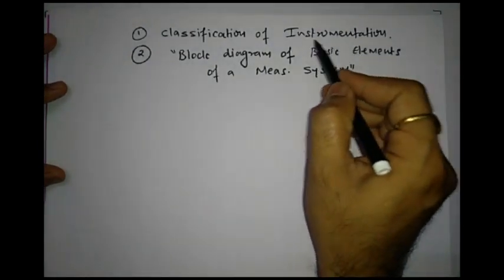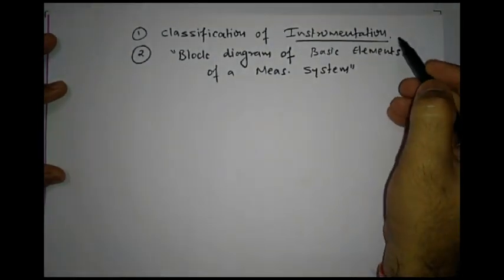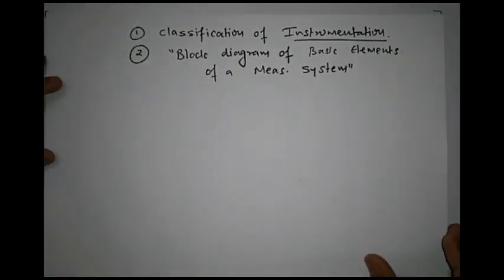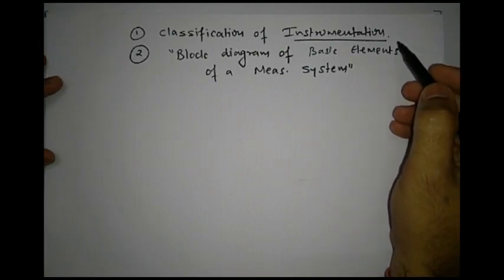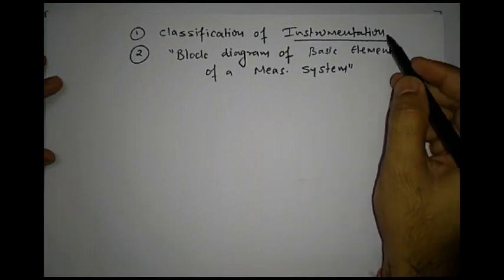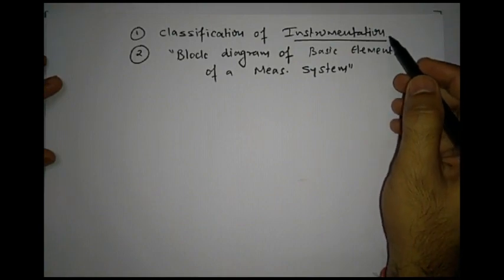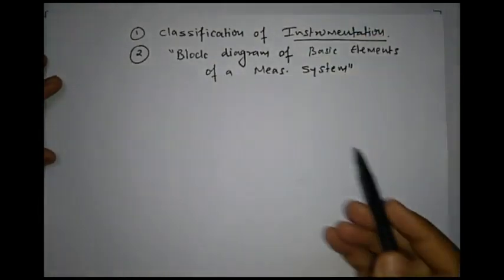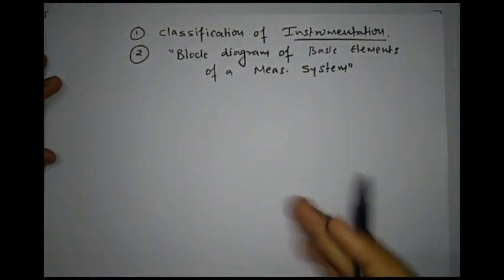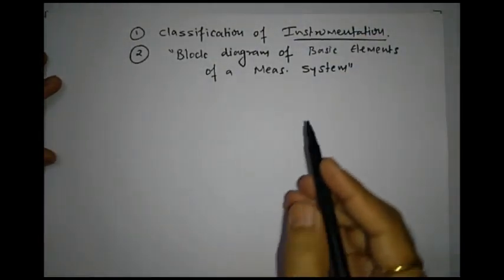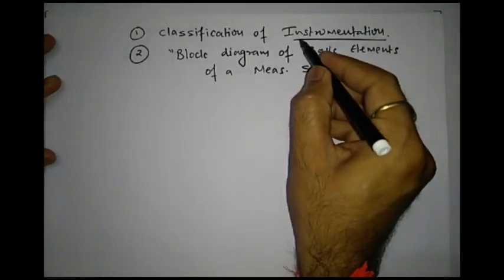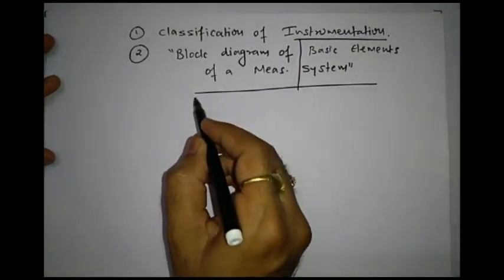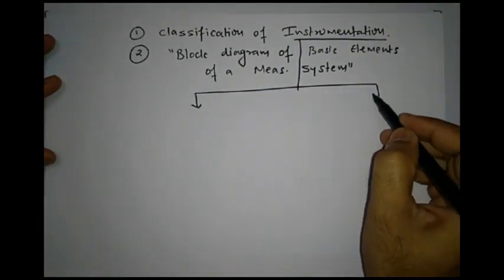Now, as I told you in the last lecture, what is instrumentation? Instrumentation is nothing but a huge domain with the help of which we are in a position to monitor or to control the physical and chemical parameters of a variable. So that domain or that technology is nothing but instrumentation. Now, how to classify the instrumentation? The instrumentation systems are broadly classified into two main domains.